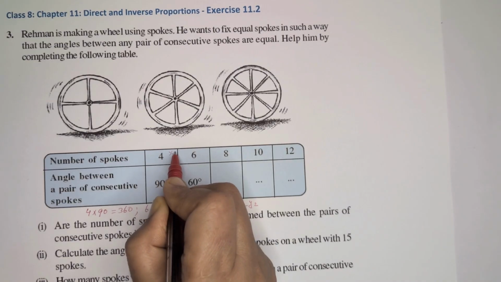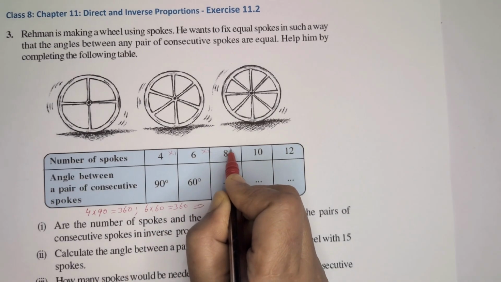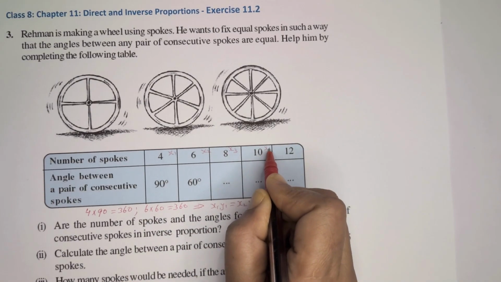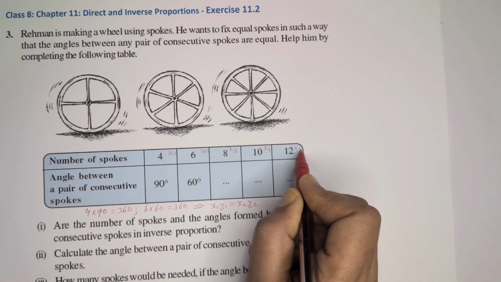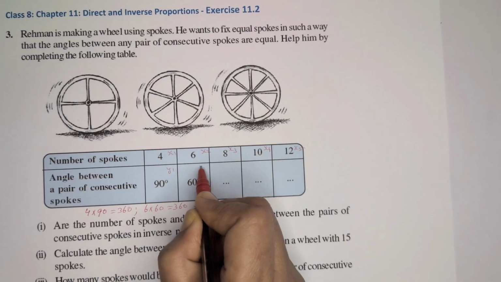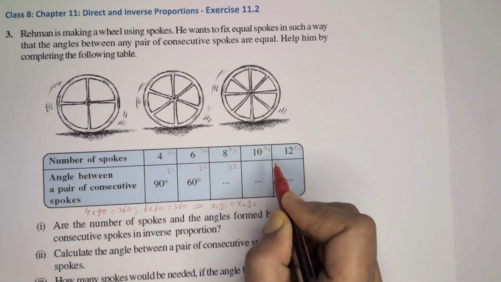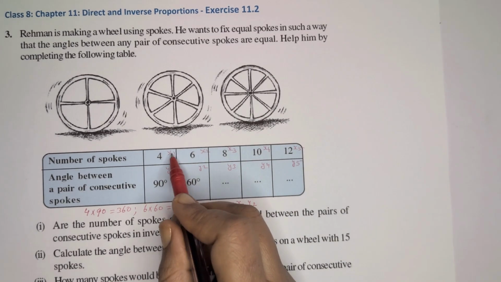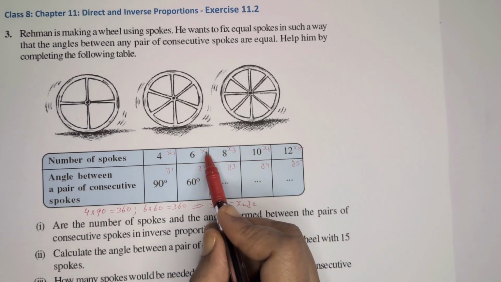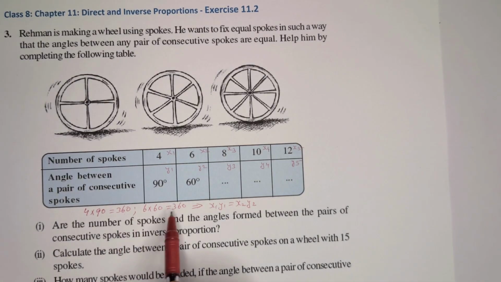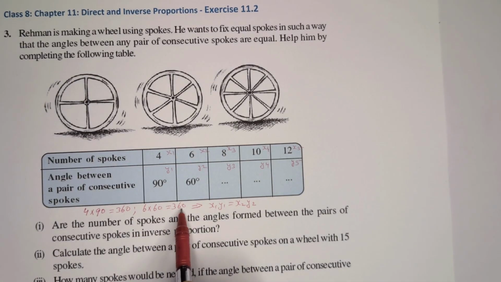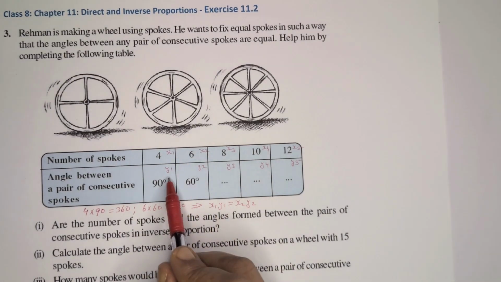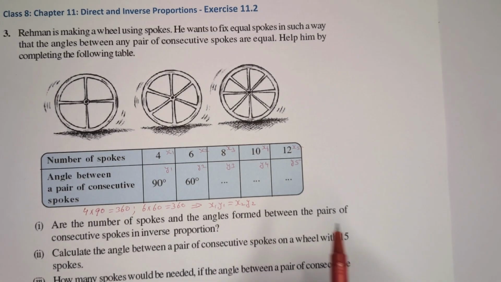We are taking this as x1, x2, x3, x4, x5. Here y1, y2, y3, y4, y5. From the given one, x1 into y1 is equal to x2 into y2. We got both when we multiply, 360. So we can write x1 y1 is equal to x2 y2.